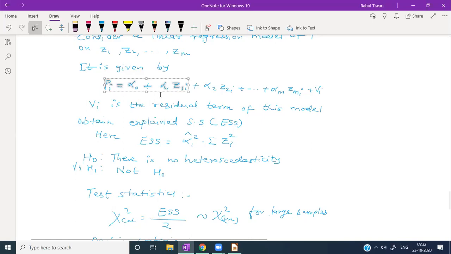If you apply regression concepts again, one can estimate this alpha 1 hat using the OLS estimator.